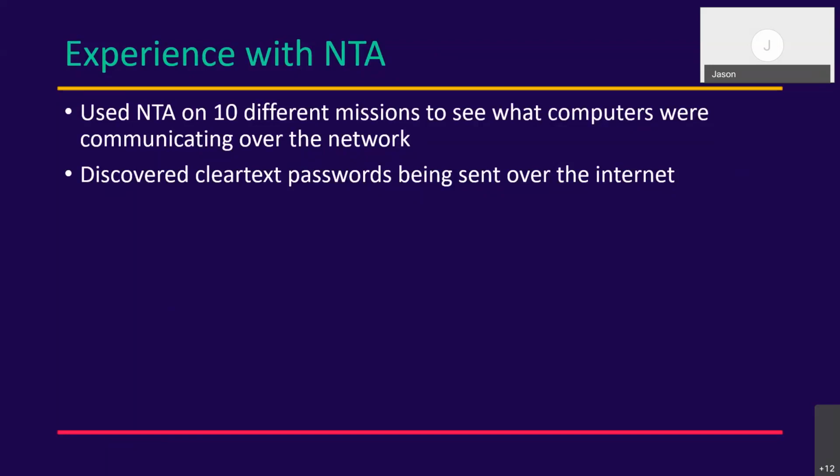The way that it should work is that your password should be encrypted before it ever gets sent to whatever website you're plugging in your password to. So I've been a part of some missions where we've actually discovered clear text passwords being sent over the internet.